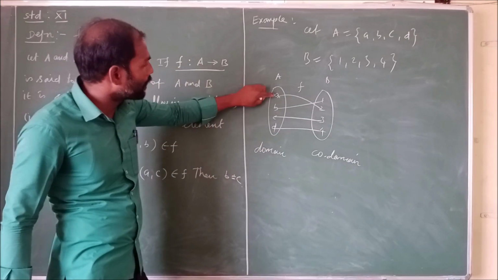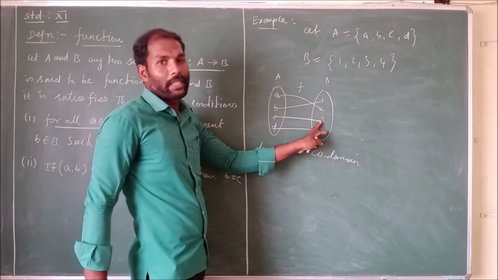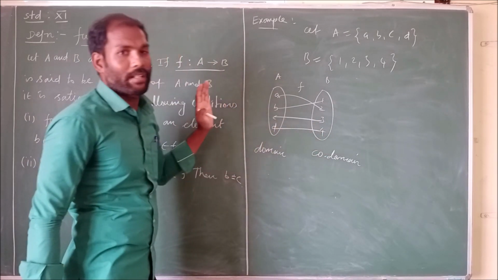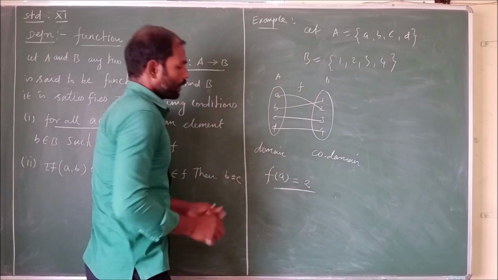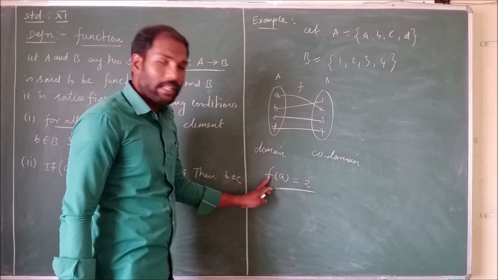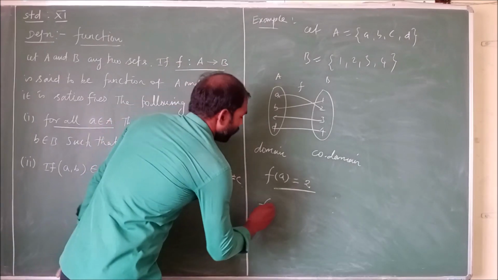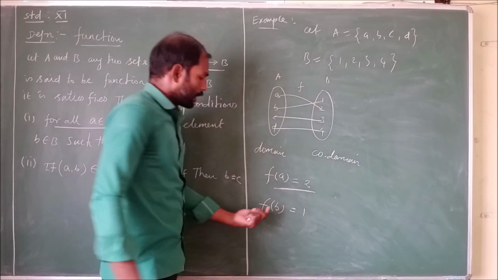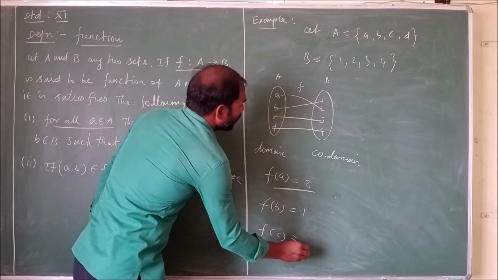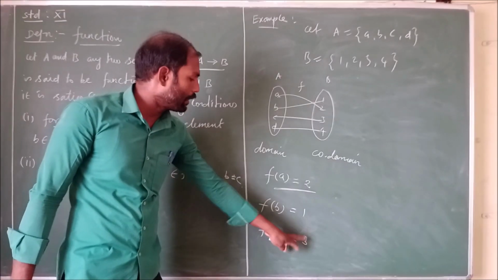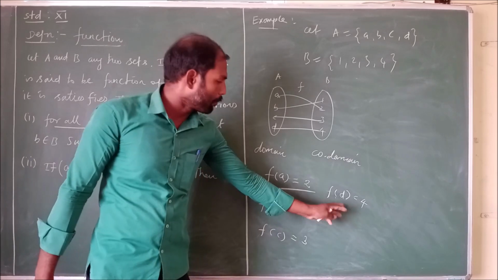It is clear that a is mapped to 2, b is mapped to 1, c is mapped to 3, and d is mapped to 4. This is called a function. f of a equals 2, meaning f maps a to 2. f of b equals 1, f maps b to 1. f of c equals 3, f maps c to 3. f of d equals 4, f maps d to 4.